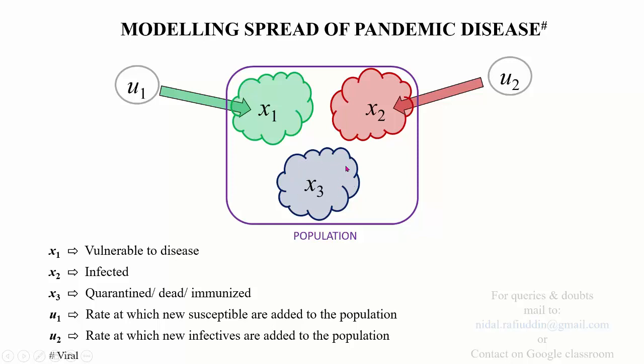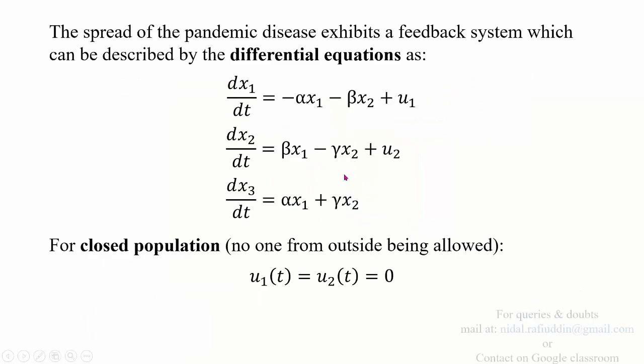So if such people are in the vicinity of x1 and x2, they are not going to affect x1 and x2. While x1 and x2 will be dependent on each other, x3 will be dependent on both x1 and x2. This will be understood from the SFG in the upcoming slide.